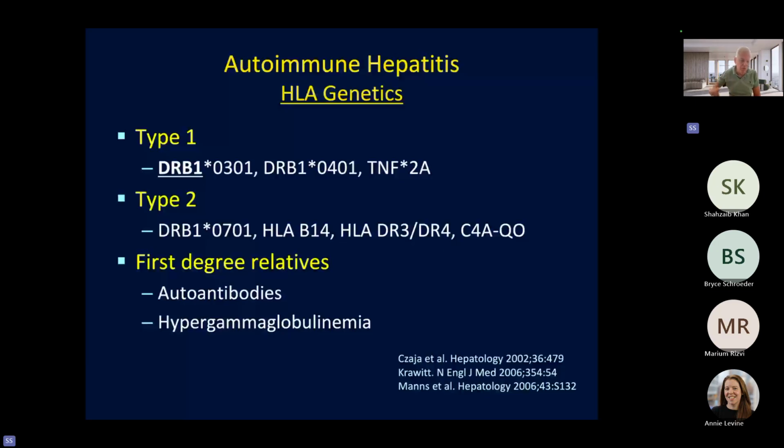And I'll have something more to say about that as we go on. First-degree relatives of patients with autoimmune hepatitis often demonstrate characteristics of the disease without the disease itself. They may elaborate autoantibodies, and they may also show some level of hypergammaglobulinemia without overt disease.